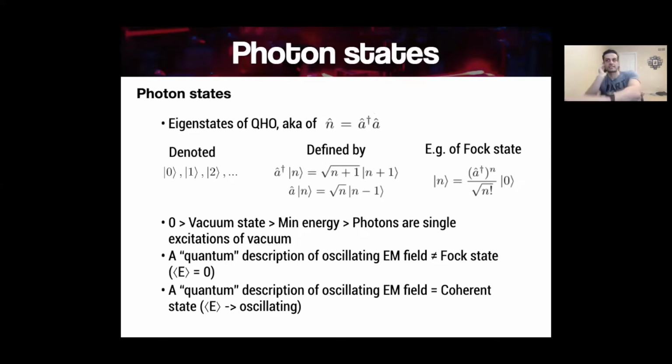And that's also done as an example in the text. Really the difference is that to get to some classical state, it's a combination of many different Fock states that does that, not a single Fock state. And I hope that is clear enough.